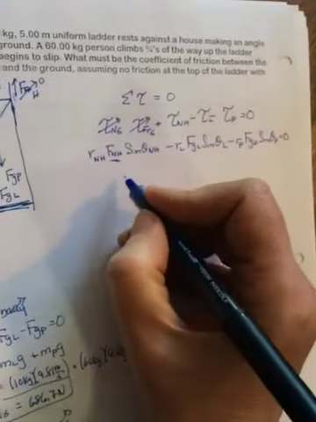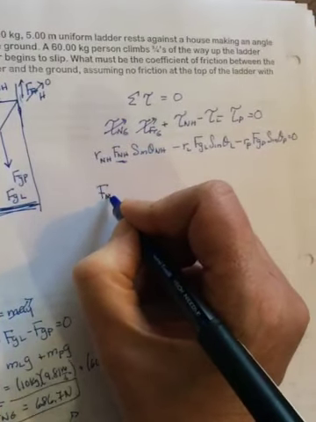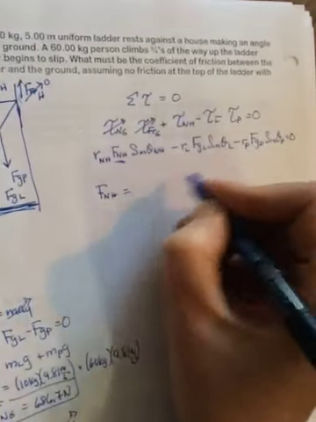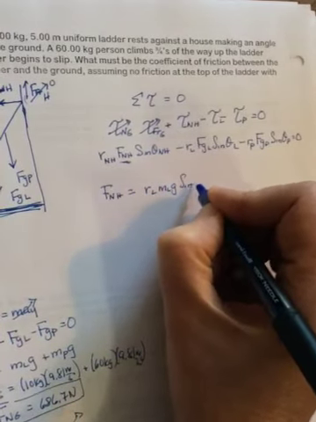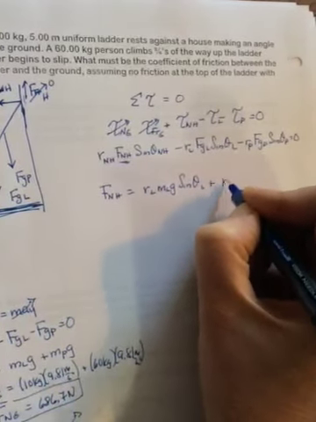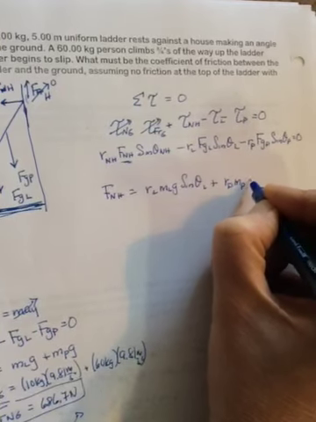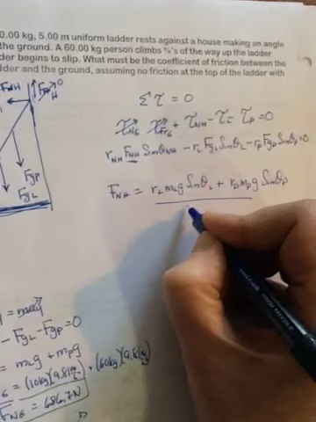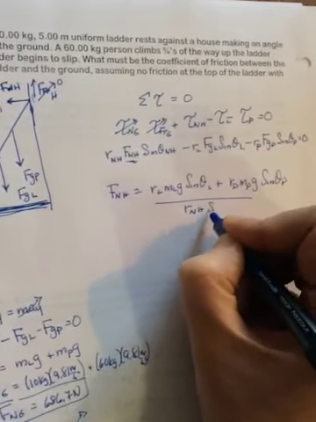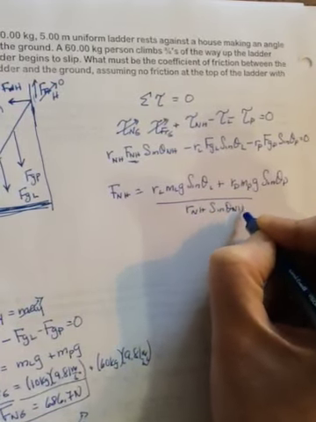So that's why we're looking for normal of the house up here, and I'm going to run out of time. Shoot. So move these two over, R of the ladder, M of the ladder, G, sine theta of the ladder, plus R of the person, M of the person, G, sine theta of the person, divided by R normal of the house, sine theta normal of the house.